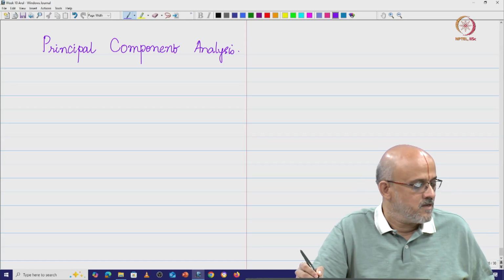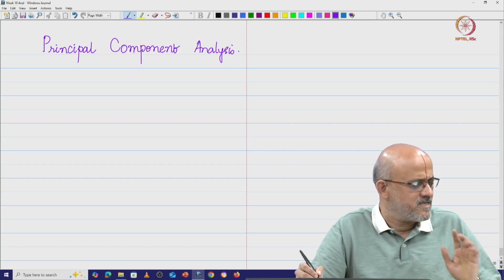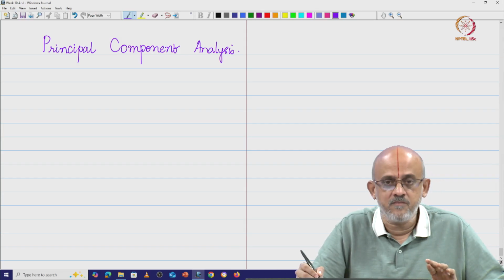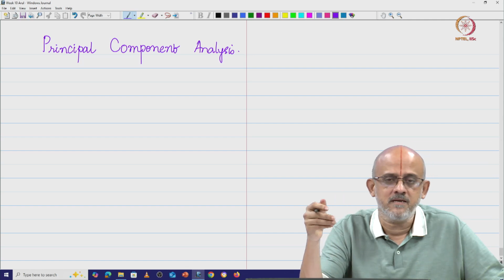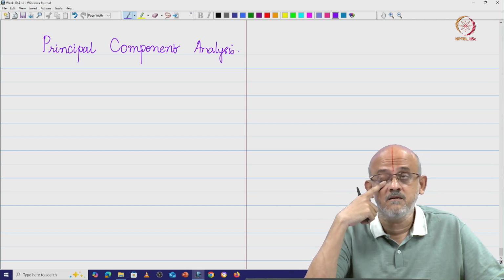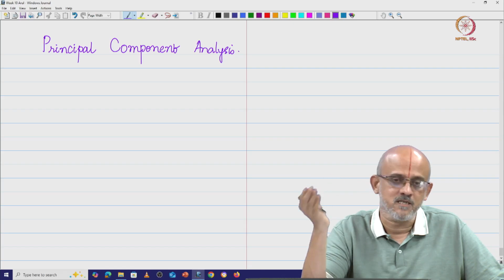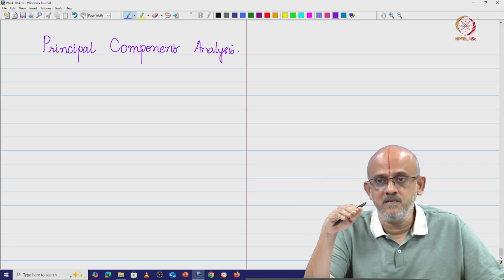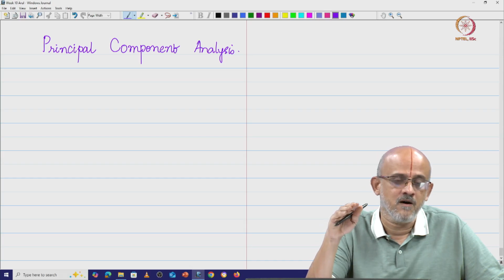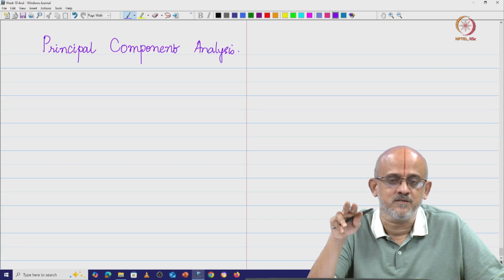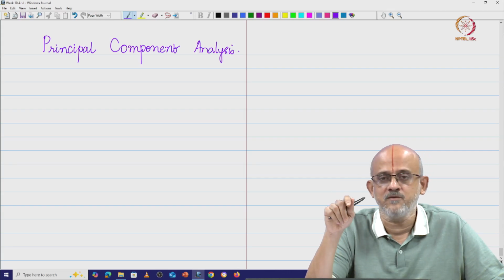So, what is it that we have in the first place? First of all, let us understand we are going to look at the covariance matrix. You already know that in case of PCA the direction of maximum variance corresponds to the eigenvector of the covariance matrix associated with the dominant eigenvalue.